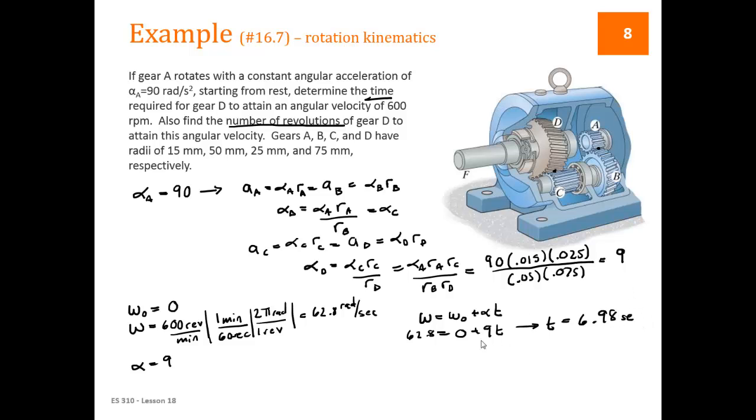And then we use the second equation, which is theta minus theta naught equal to omega naught t plus 1/2 alpha t squared. This is 0. So we plug everything in and we get 219 radians. Divide that by 2 pi, and you get 34.9 revolutions in order for it to go from 0 to 600 RPM.